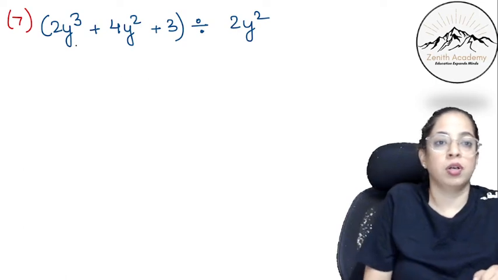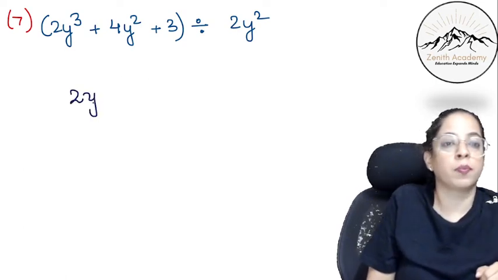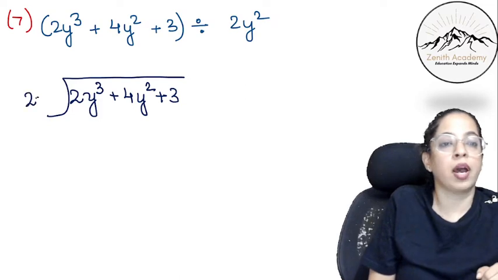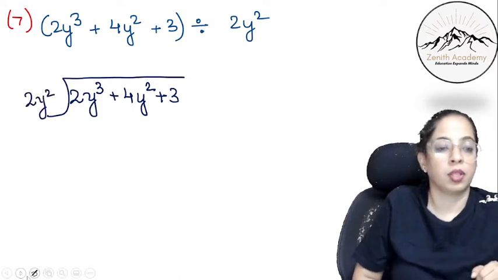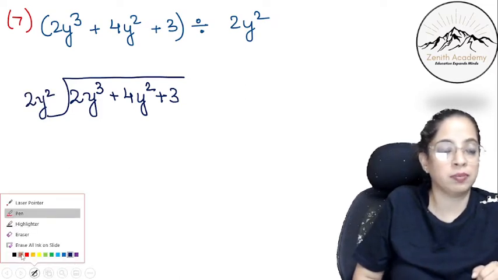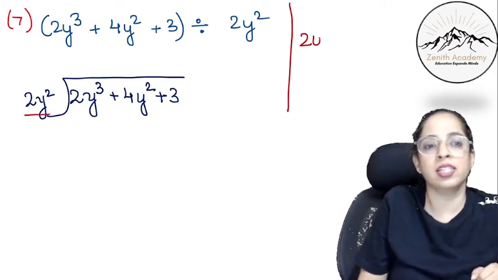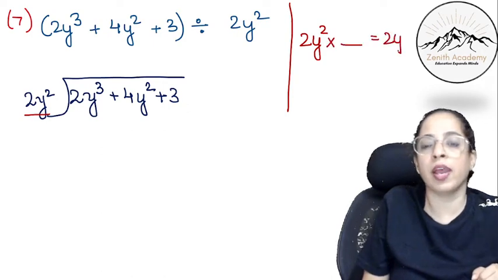2y cube plus 4y square plus 3 divided by 2y square. Correct? Now let's begin. 2y square, I always write it like this so that I am very clear. 2y square into what will give me 2y cube?